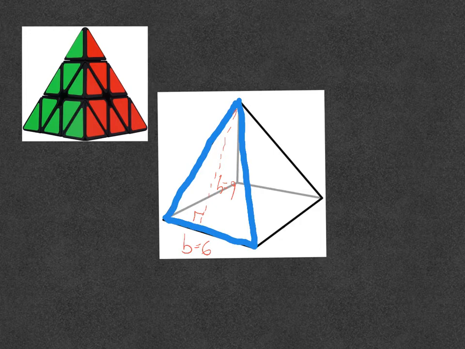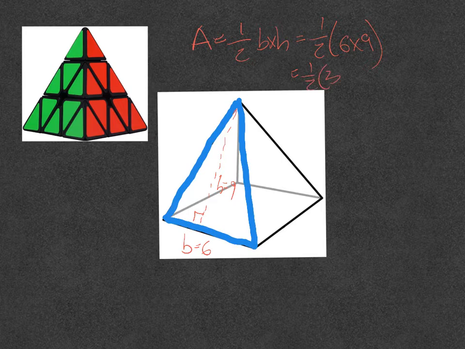The area of a triangle is 1/2 base times height, so we've got 1/2 times 6 times 9, which is 1/2 times 54. 54 divided by 2 is 27 square units.